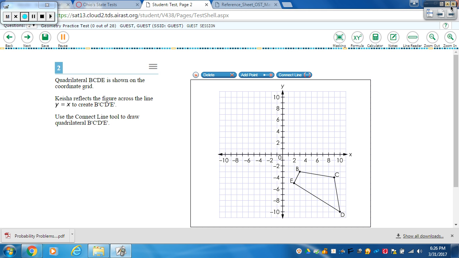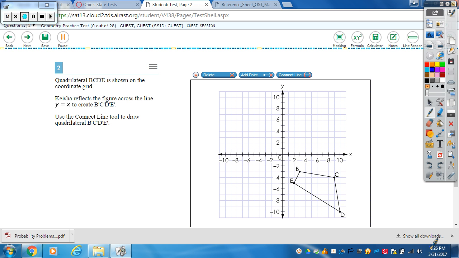So what I'm going to do first is let's talk about the equation y equals x. You need to remember the slope-intercept form. Okay? And so as a result, when you have a problem like this, y equals x, remember the slope-intercept form is y equals mx plus b.